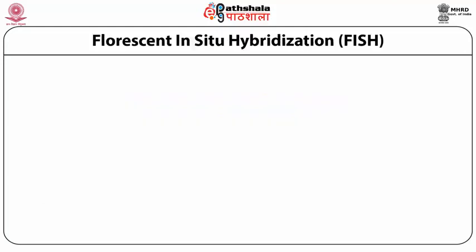The fifth technique, that is fluorescent in situ hybridization, is an important technique for determining the sex of the embryo. A Y-specific probe can be used for detection of the Y chromosome in the given cell. This technique utilizes a fluorescent labeled probe that will bind specifically to the complementary gene.